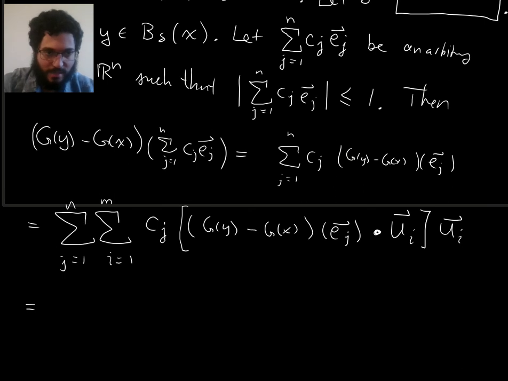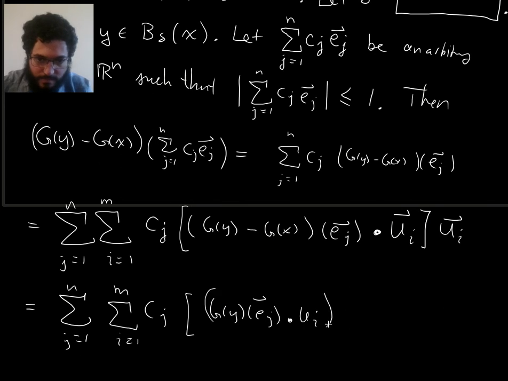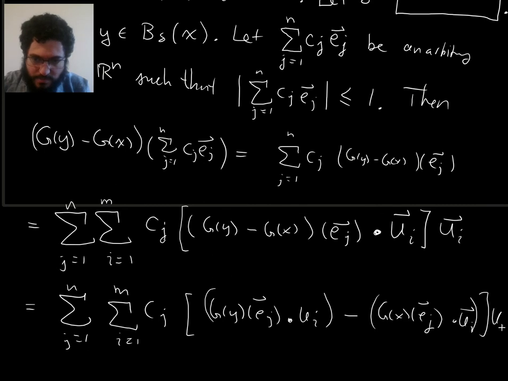Instead of making that kind of roundabout argument, let me distribute things a little bit here. I think that will make the argument more clear and direct. So here I have gy ej dot ui minus gx ej dot ui, all times ui.